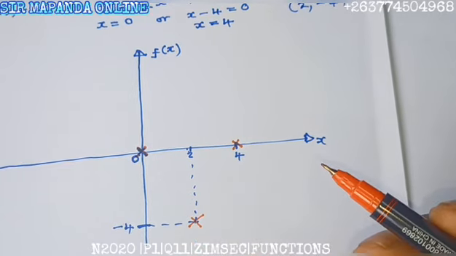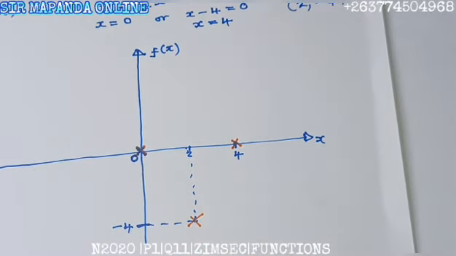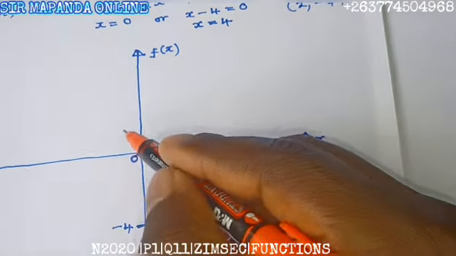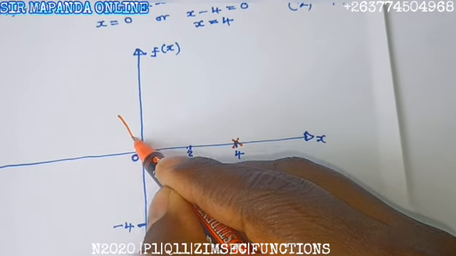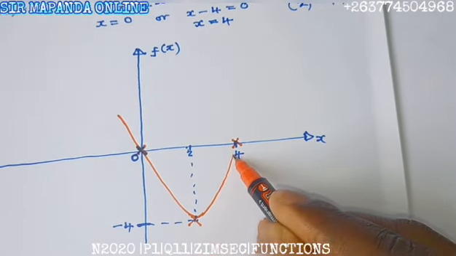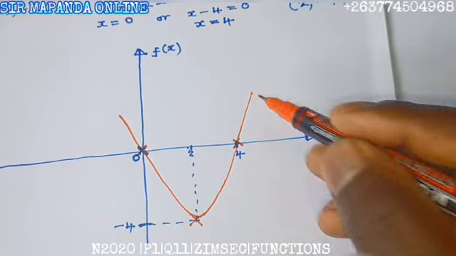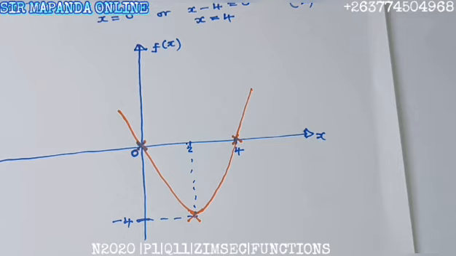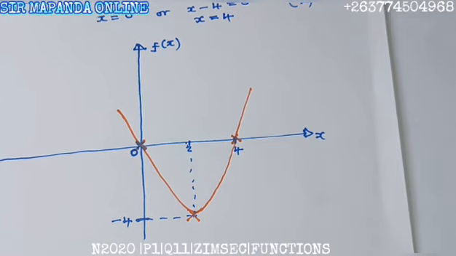I hope you are following. So our graph is a parabola. It is bell-shaped. It is symmetrical. So when drawing this, you need to create a bell-shaped graph, which is symmetrical. So this is how you sketch the f of x graph. I hope you are following. Let us move on to part B of the question.